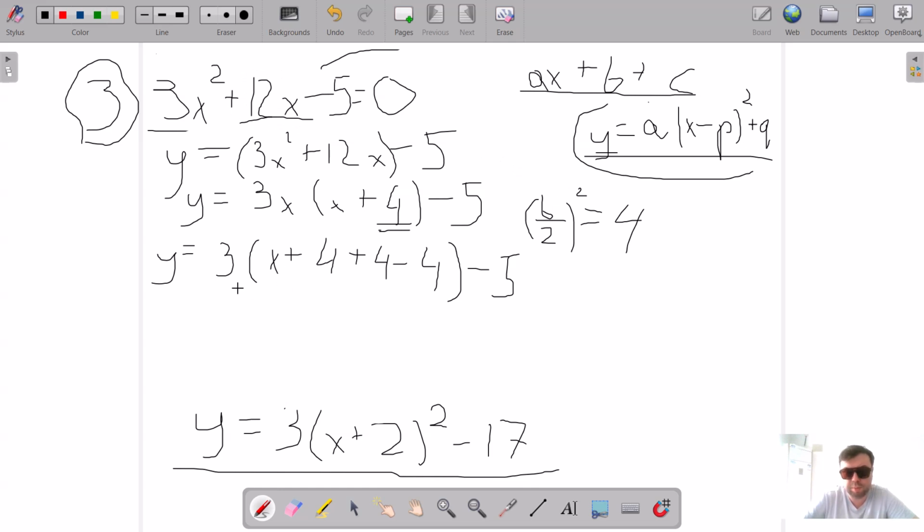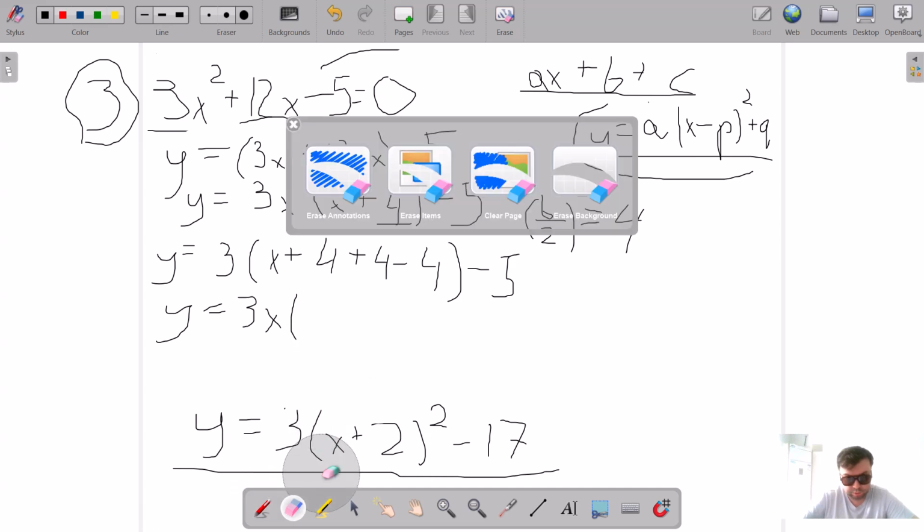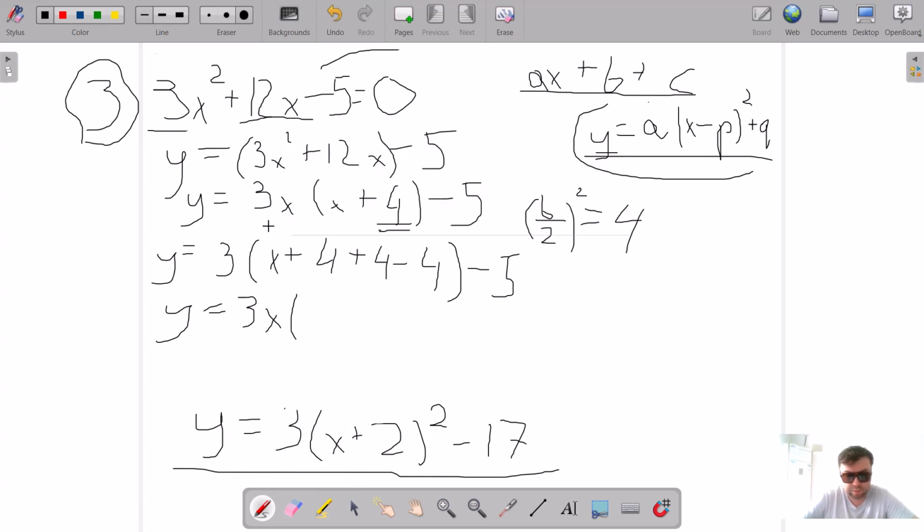Okay, so what are we going to get here? y equals 3x plus 2, sorry, that is too much here. What we factor out is not just 3, but is 3x. Yes, we also need to write it here.